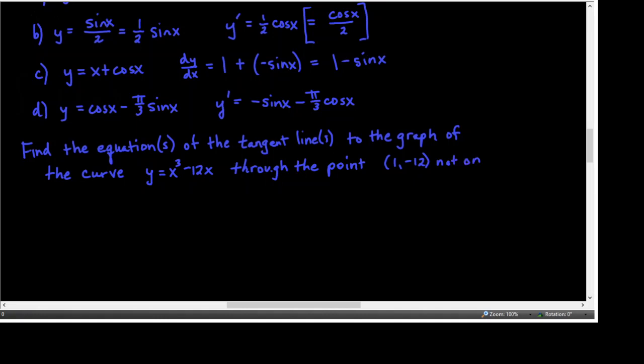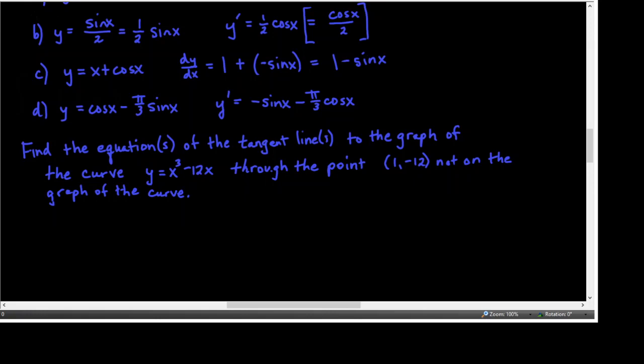So this is a problem slightly new. Instead of finding a tangent line to a given point on the curve, we're going to be finding a tangent line or lines that pass through another point that's not even on the curve.